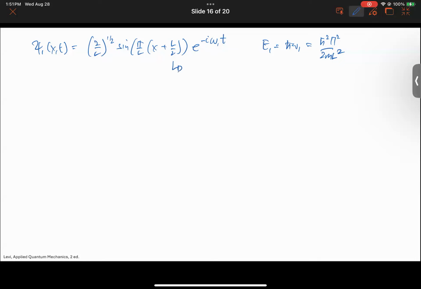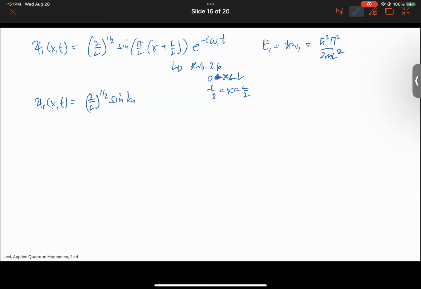If you are wondering where this L over 2 comes from, this was derived from problem 3.6, where the potential is 0 between 0 and L, instead of negative L over 2 as used in the derivation here. But actually it doesn't really matter. So if you want, we can use this, so you don't get confused.